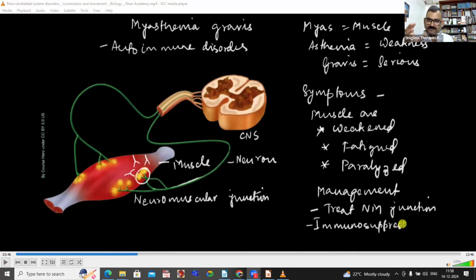If any disease is connected to autoimmune disorder, and nowadays most of our diseases are autoimmune disorders, you have to raise the immunity. We can strengthen the autoimmune system by that.